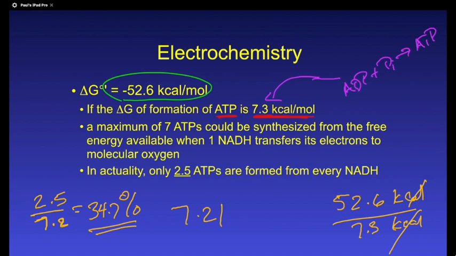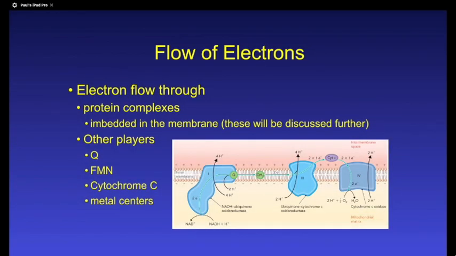Now, to take all of these electrons and get this type of energy process, we have to move the electrons from carrier to carrier to carrier. There are a number of different entities that will carry electrons.